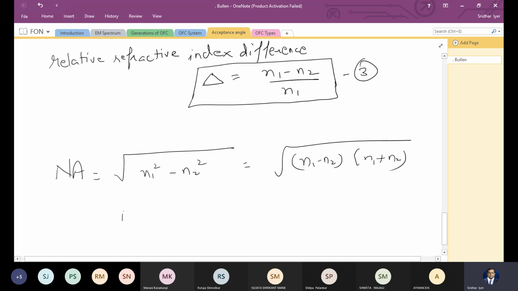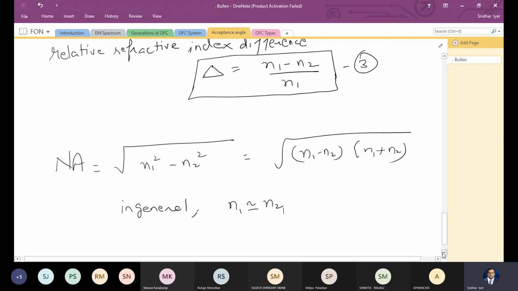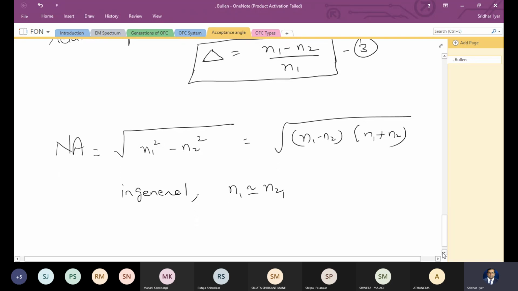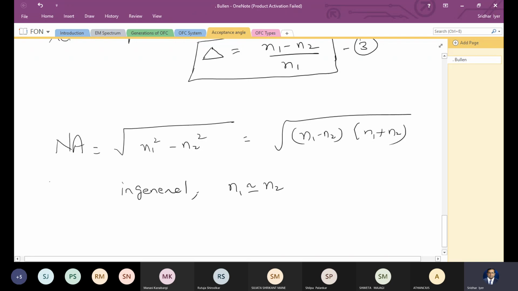Now, in general, n1 and n2 have very close values. So if one value is 1.41, the other would be 1.42 or 1.43. This we'll see in the numericals, right? Therefore I can approximate this NA or numerical aperture as root of 2 times n1 into n1 minus n2.